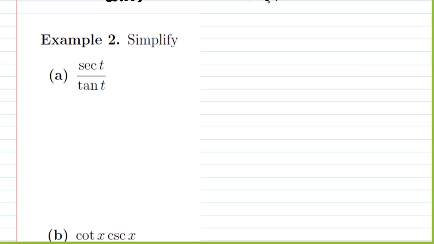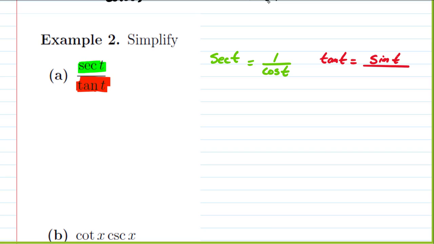So first thing we want to note is that secant t is equal to 1 over the cosine of t. We also have, by a theorem actually, that the tangent of t is the sine of t over the cosine of t.